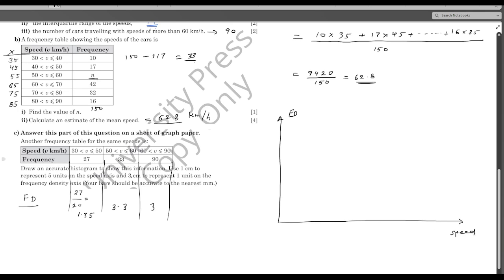For speed, 1 centimeter represents 5 units on the speed axis. As your speed starts from 30, you can use one kink. Generally we start from 0, but from 0 to 30 there is no data, so why write 5, 10, 15 and so on?